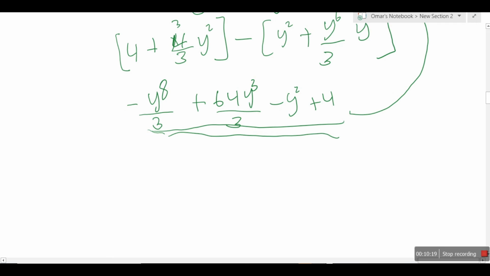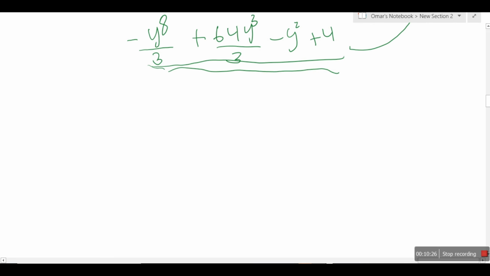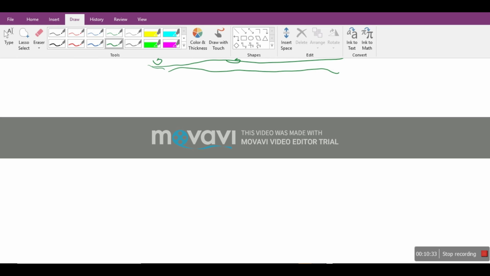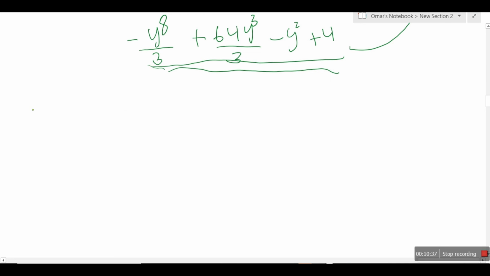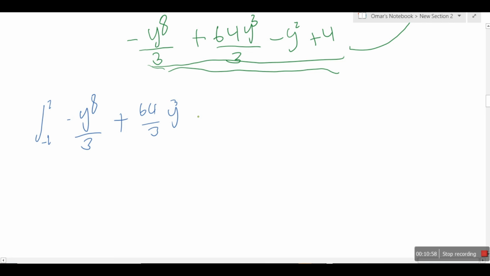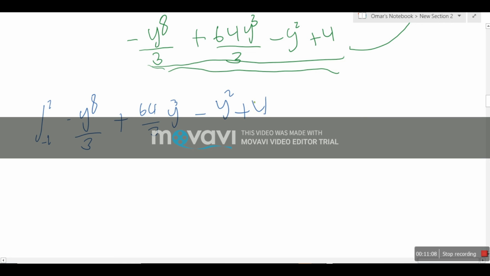We go back again and we write our new integral, which is negative 2 to 2, which is y to the 8 divided by 3, 64 divided by 3 y cubed minus y squared plus 4.